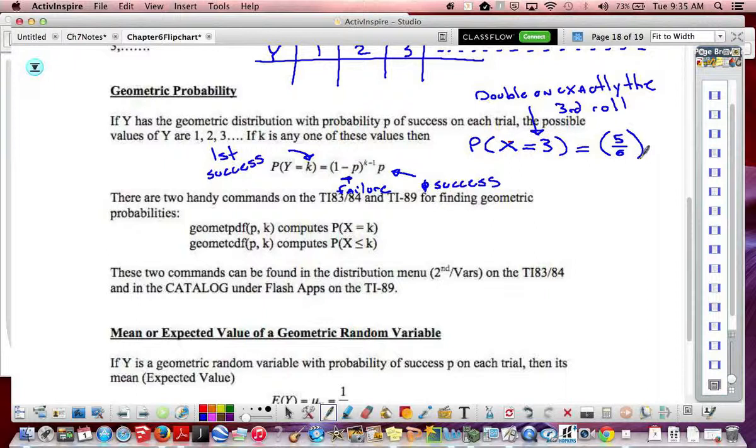Probability of failure would be 5/6, and I have to fail 2 times. I have to fail on the first roll, and I have to fail on the second roll. So I take that to the second power. Then on the third roll, I succeed.